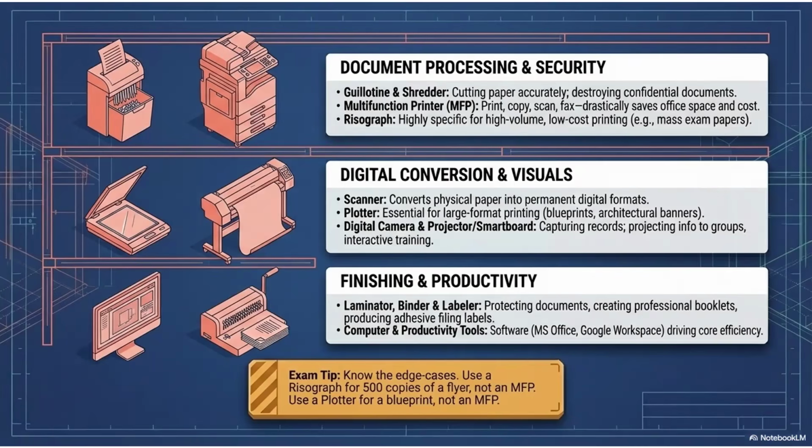Bring up the guillotine, the shredder, the printer, the scanner, the copier, the risograph, the projector, digital computer, collator, binder, laminator. If they ask what is used to destroy, it's the shredder. If you need to make a large amount of copies, they're talking about the risograph. If you want something that could print, scan, and copy, then you're using a multifunctional printer, and so forth, right?